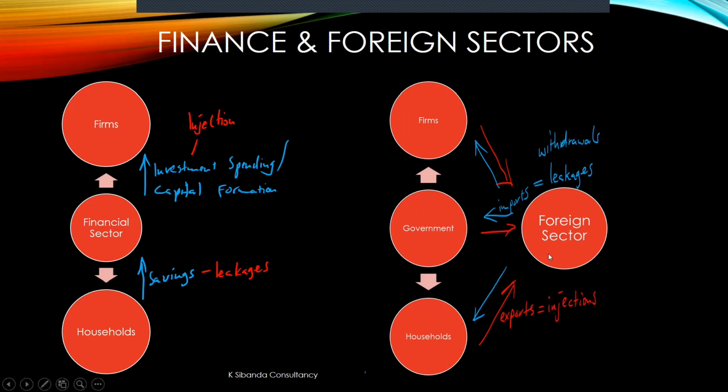I just wanted to simplify it and show you how all these players come into the picture when we talk about the flow of income within an economy. I don't know if that answers your question.